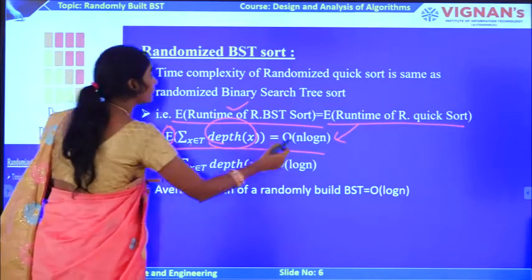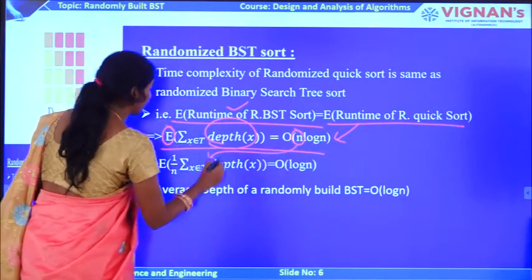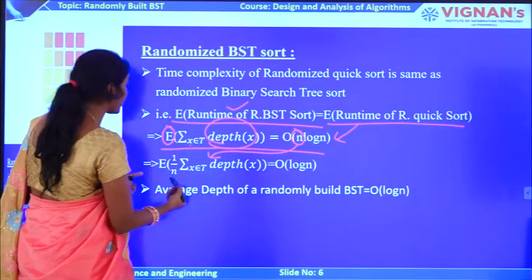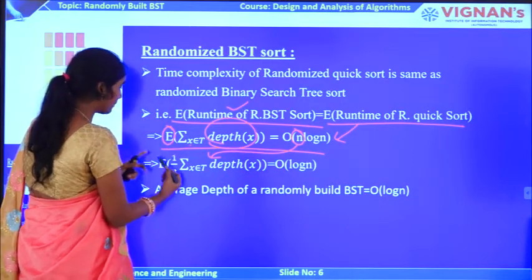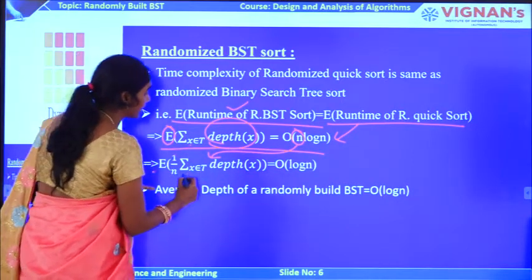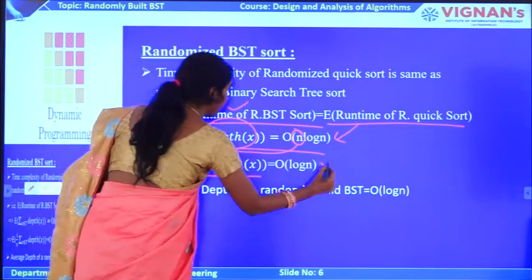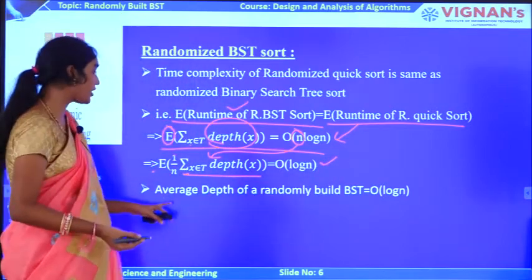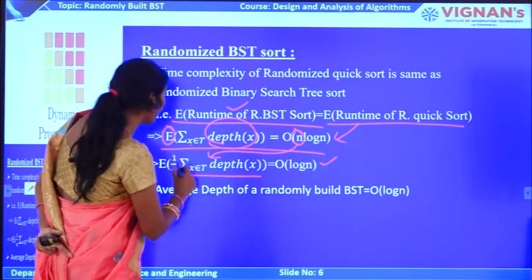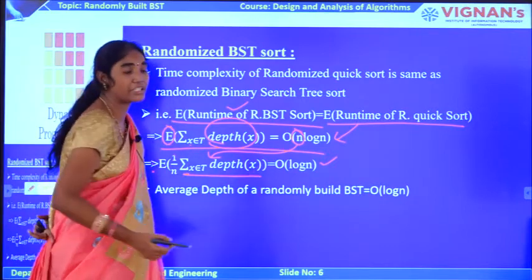So now if I am taking this n to this side, what happens here? n log n divided by n, so here it will be 1 by n. So E of 1 by n into summation over x in T, depth of x, is equal to big O of log n. So now average depth, here 1 by n summation of depth of x, what does it mean?